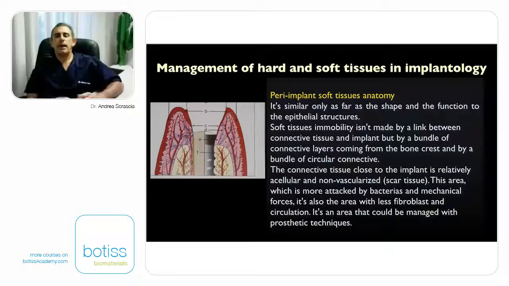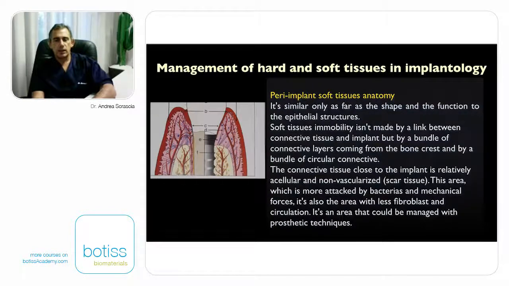we have to keep in mind that periimplant tissues are similar only as far as the shape, but the connective tissue close to the implant is relatively acellular and not vascularized.